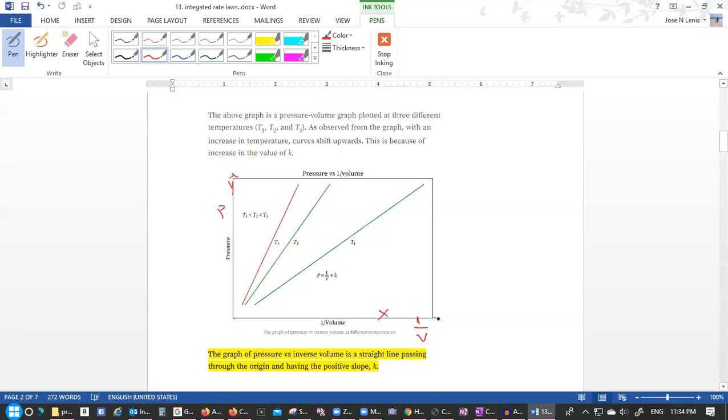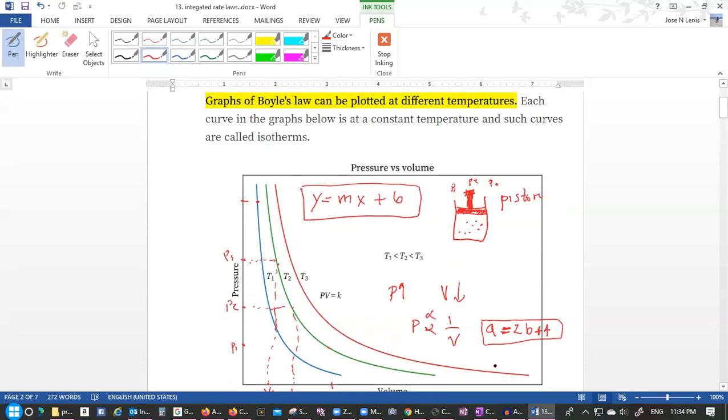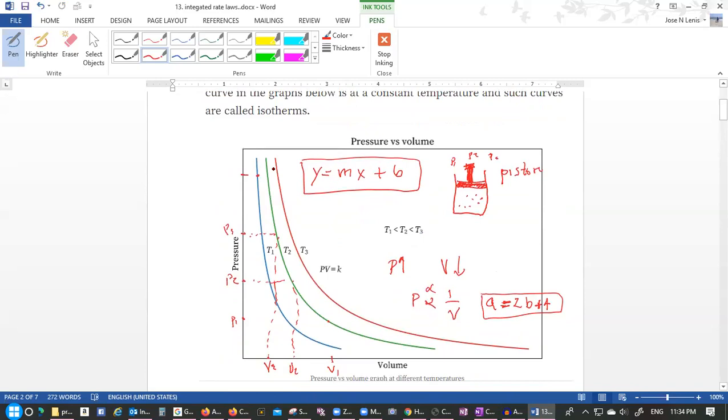and this is the x-axis. So for any ideal gas, when you graph the pressure of the gas against 1 over volume, you always get a straight line. If you graph only pressure against volume, then you get this shape. This is the classical shape of Boyle's law for an ideal gas.